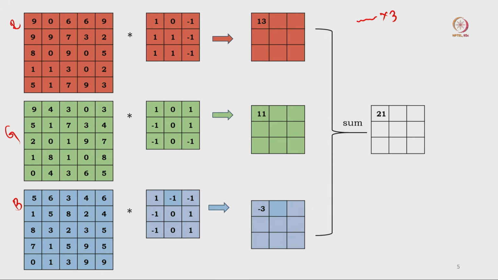Because there are 3 channels at the input, which are R, G and B. Now, what size are we defining here? The size that we are defining is 3 cross 3. So, this is the first 3 cross 3, this is the second 3 cross 3 and this is the third 3 cross 3. Therefore, we are taking 3 cross 3, but 3 such kernels. So, these are the 3 different kernels that we are considering.